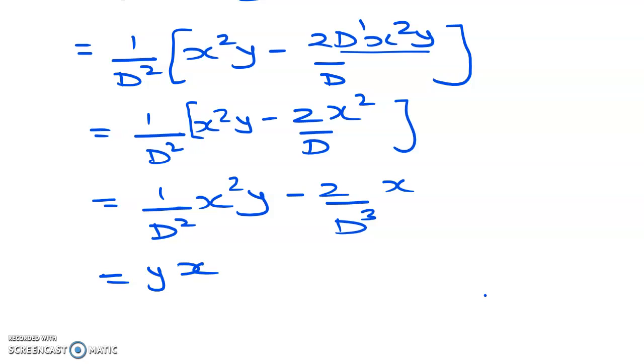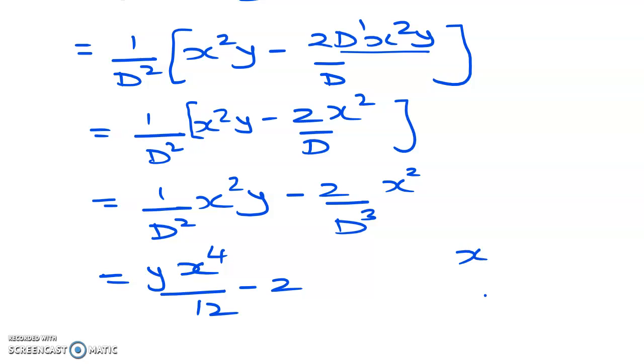First time it is x cubed by 3, and the second time it is x power 4 by 12. This is what we get. Those who did not understand, here again I will explain. 2 I will write as it is. Here it should have been x squared.